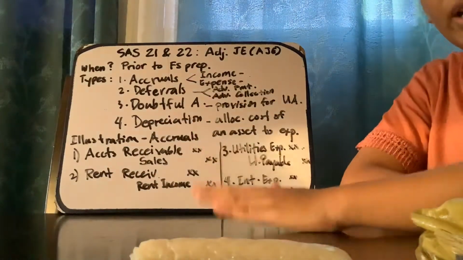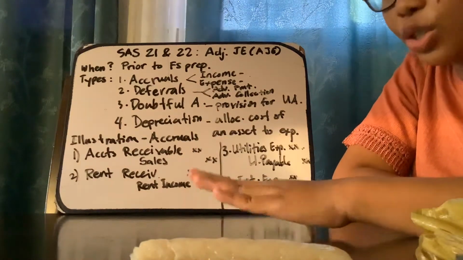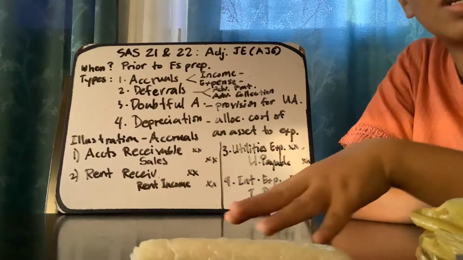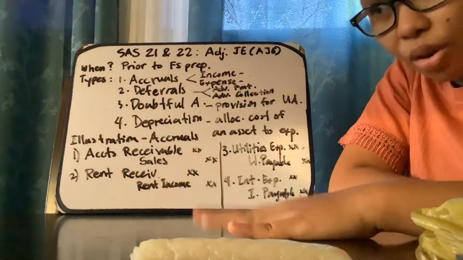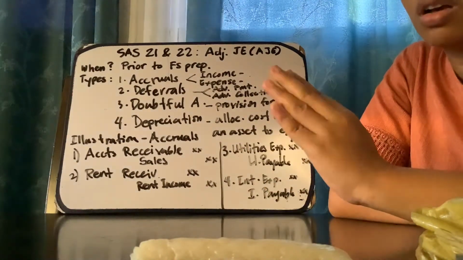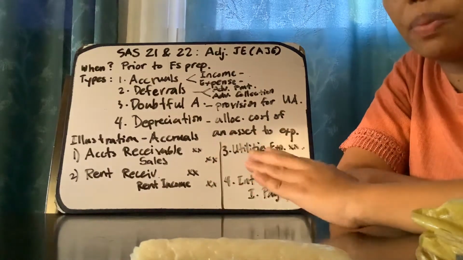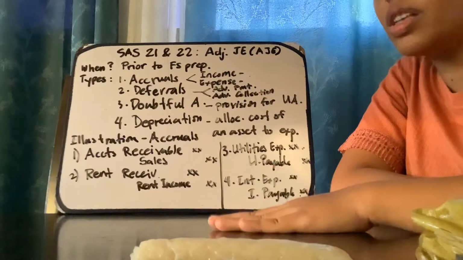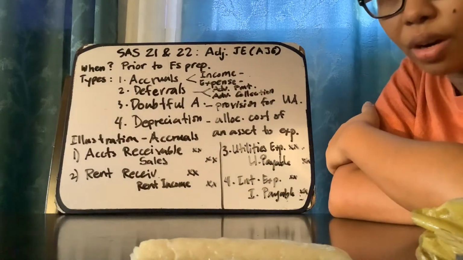After doing the journal entry, you do the posting. You post it in our ledger. And so on and so forth. There's a cycle in accounting that we need to follow. Now, before we complete the cycle, most especially on the part of preparing our financial statement, there is what we call the adjusting journal entries that we need to learn.